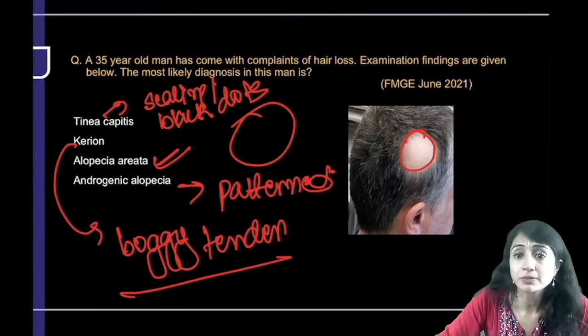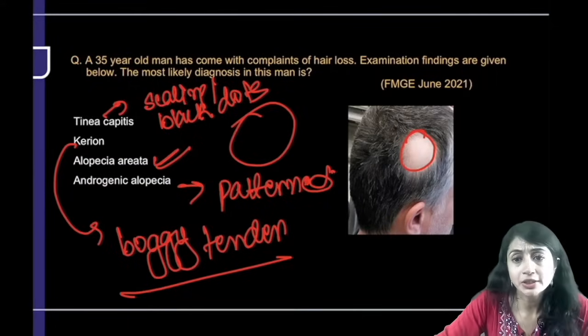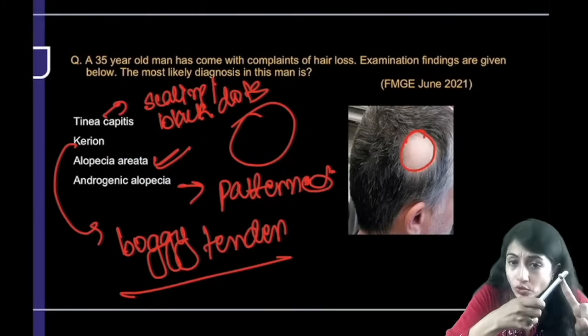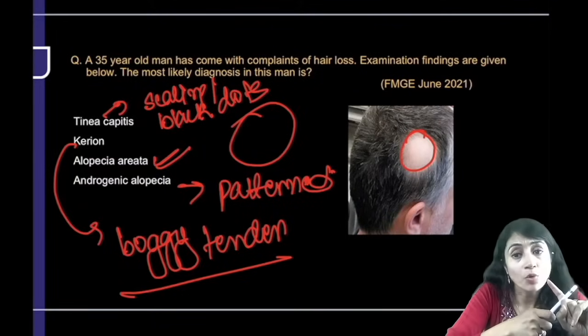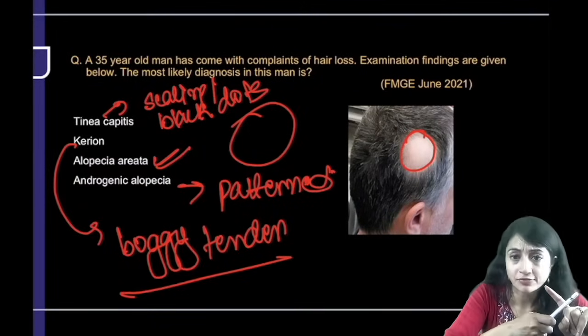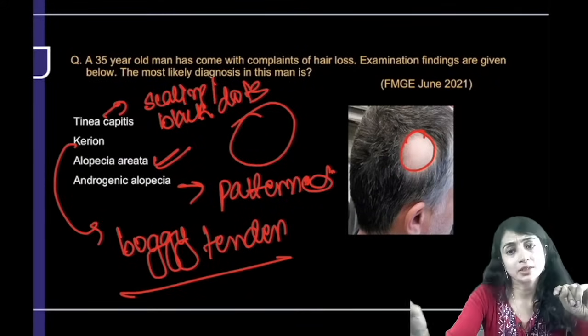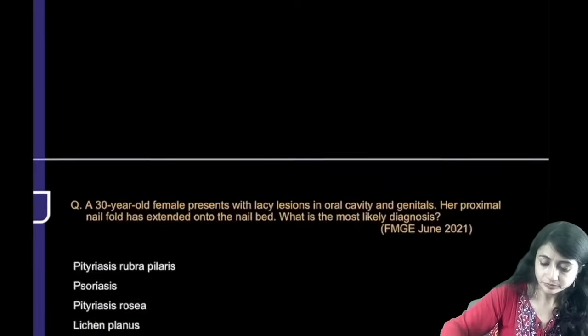Yes, the treatment will be intralesional triamcinolone or intralesional Kenacort. Whenever you see patchy hair loss, rule out tinea capitis, rule out alopecia areata, and rule out moth-eaten alopecia that you see in syphilis. Moth-eaten alopecia of syphilis is never the only presentation. There will be other signs of secondary syphilis associated with it. Very good.